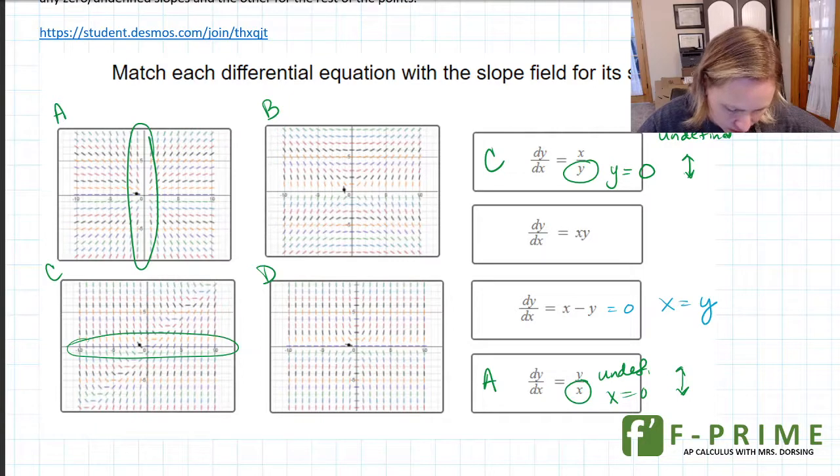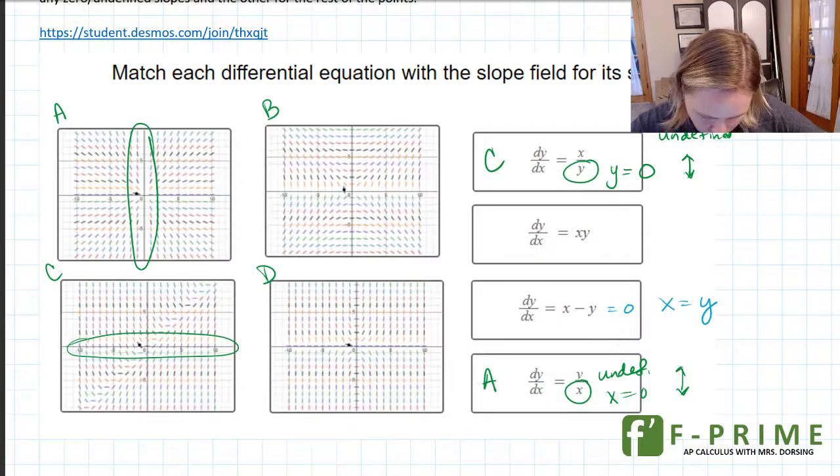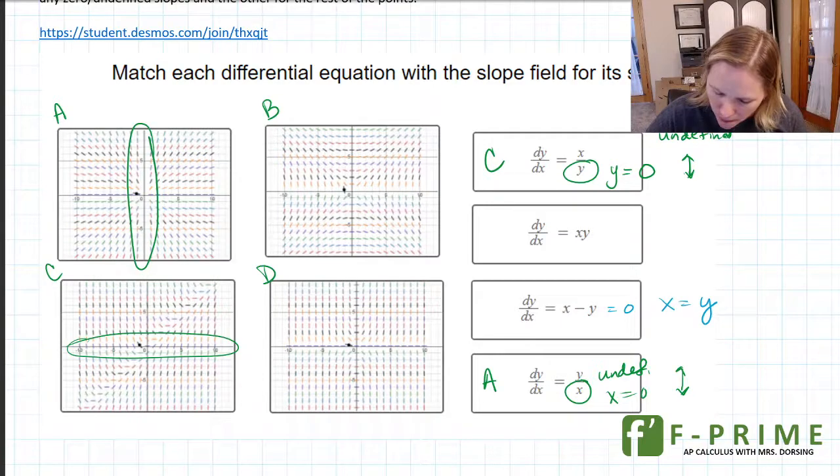Let's see. C had 0 slopes. Let's see, maybe, just maybe. As I'm looking a little closer at these, it appears that this equation here may also go with C. So let's go back one more time and look at the one we originally thought was for C.